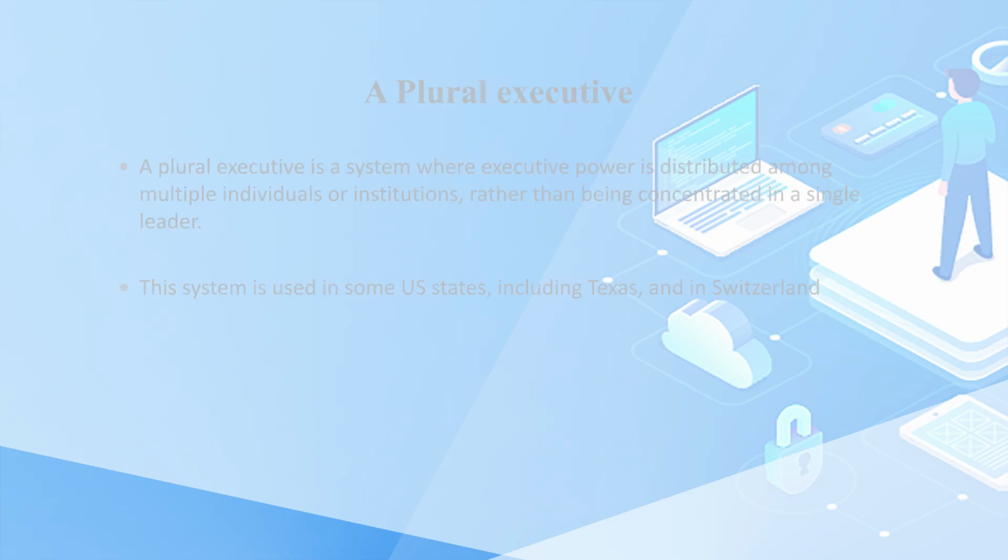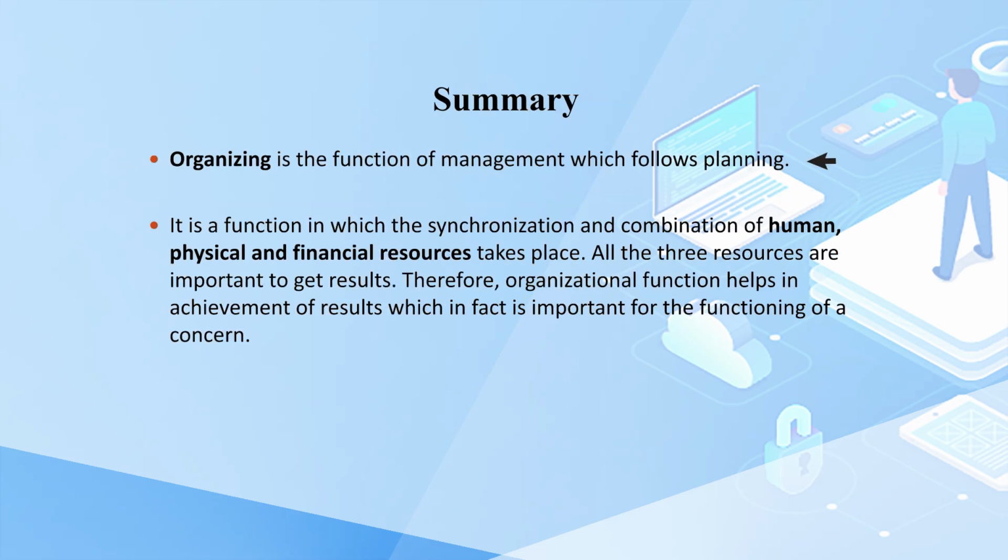So I would summarize this. What is the summarization of organizing? It is a function of management which follows planning. It is a function in which the synchronization and combination of human, physical, and financial resources takes place.